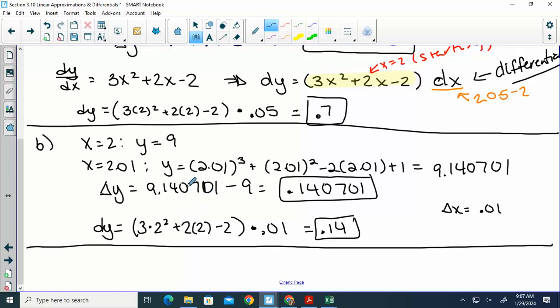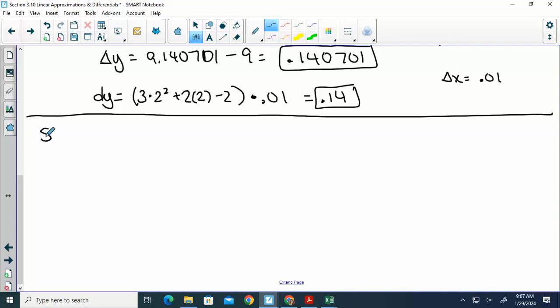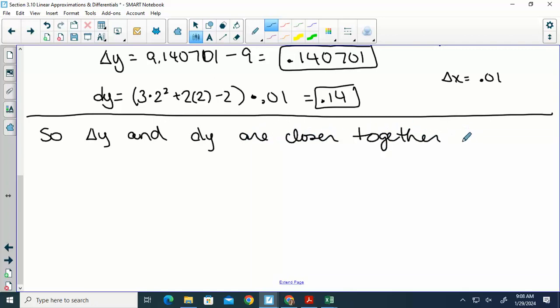So I did ask you to compare it, so let's say the change in y and dy are closer together when the change in x is smaller.